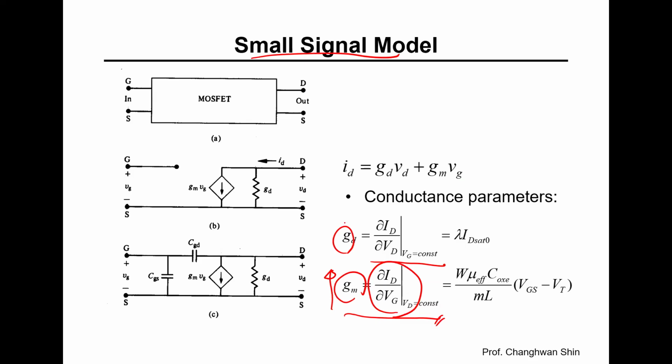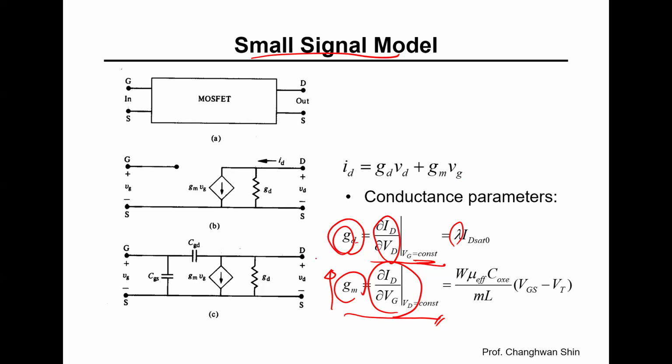The output conductance GD represents the slope of the ID versus VD curve in saturation, which ideally would be zero, but it is non-zero because of channel length modulation. That's the reason why you may see the lambda parameter for channel length modulation.